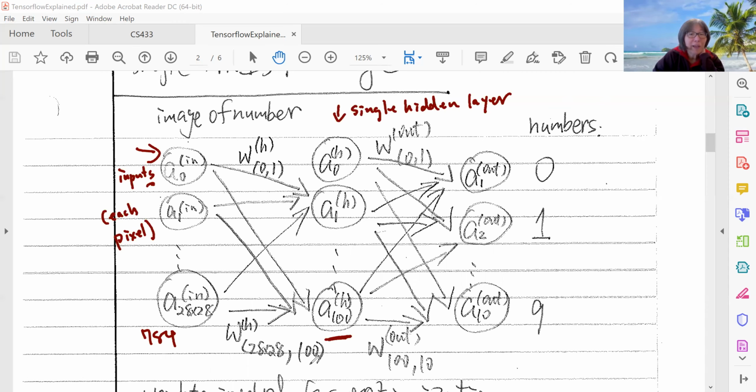Assuming the hidden layer has 100 neurons, and the output layer has 10 digits, 0 to 9, so we have 10 outputs. So that's the neural network diagram, based on what we learned.